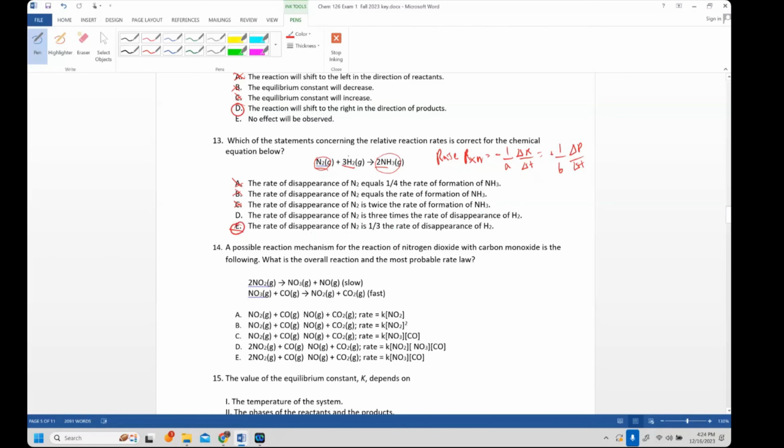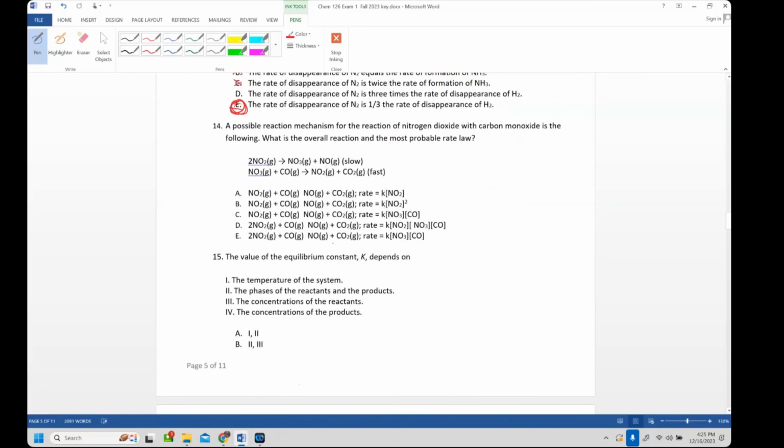Yeah, so that means the rate of H2 is 3 times that of N2. So if that's the case, then 1/3 the rate of H2 is the same as N2, right? So yeah, this question was tough. It's a lot. It's a brain scrambler. But definitely walk through the molar ratio, and that'll help you.